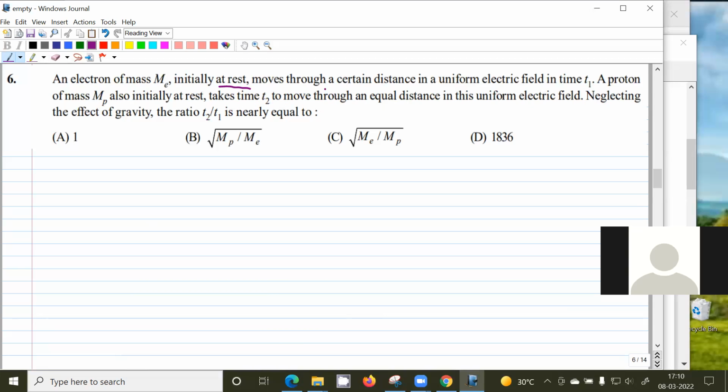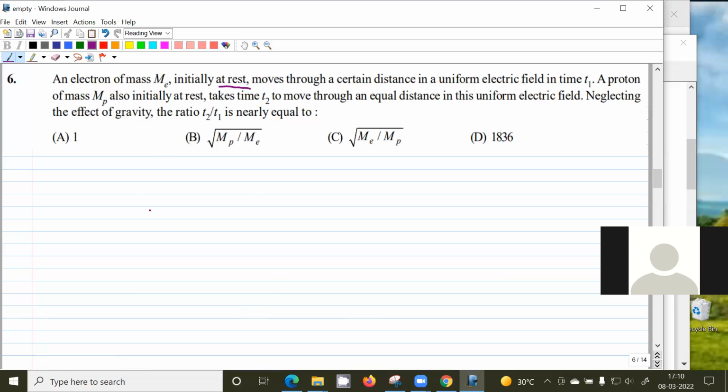Okay, electron is at rest. No. How do you know it's attract? See, what if electron is getting attracted towards positive plate, then proton will get attracted towards negative plate, no? But the electric field direction, force will be opposite to that electric field direction.